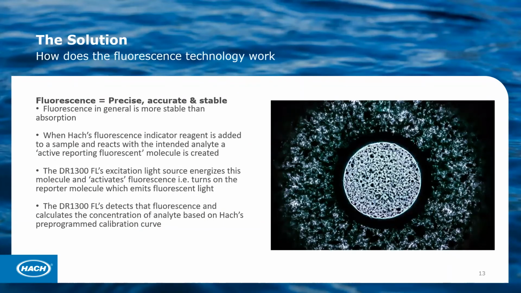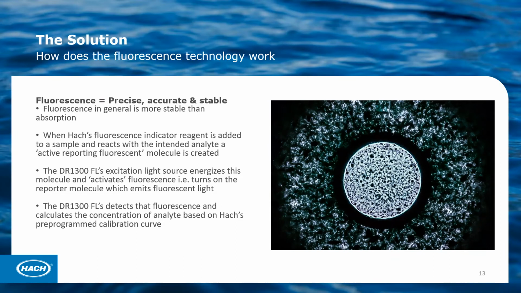So when we analyze fluorescence, what we have observed in our Hach R&D facilities is that fluorescence in general is more stable than absorption. And when I say absorption, I'm referring to color absorption that we are typically analyzing in our colorimetric methods done on portable colorimeters or benchtop spectrophotometers.